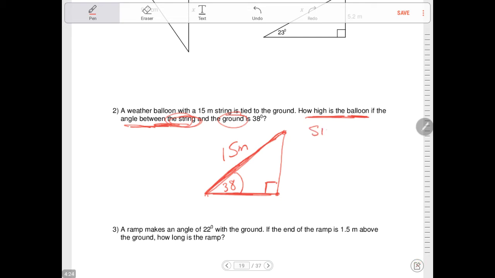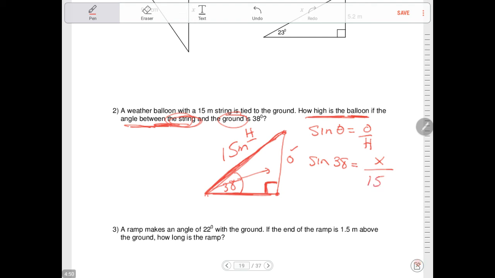So we know sine of the angle is opposite over hypotenuse. Now you label your sides. I'm going to start doing this a little bit quicker. That's your h. The height, which we're looking for, is our opposite. So sine of the angle, which is 38, is O over h. We do not know O, so you can put x if you want, or you can leave it as O. Do we know our hypotenuse?